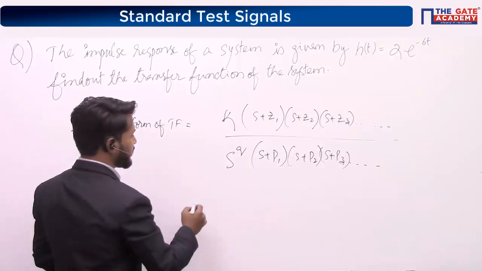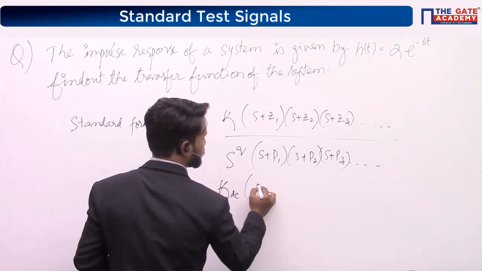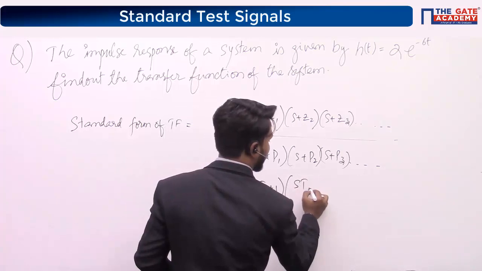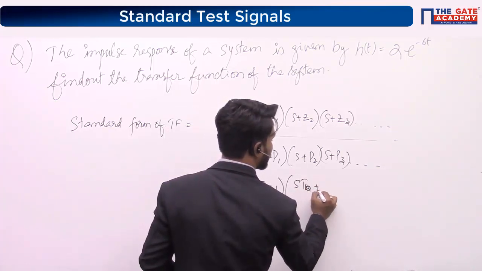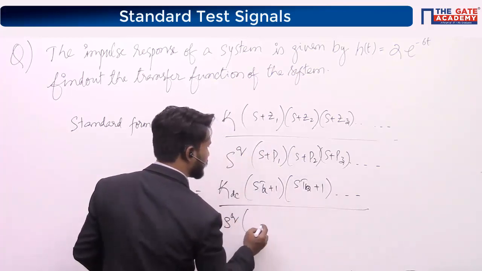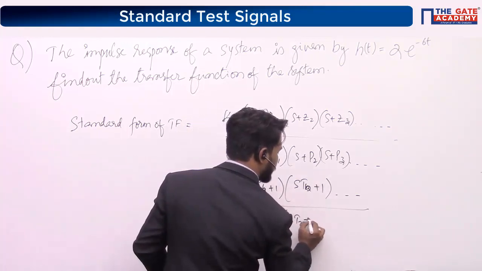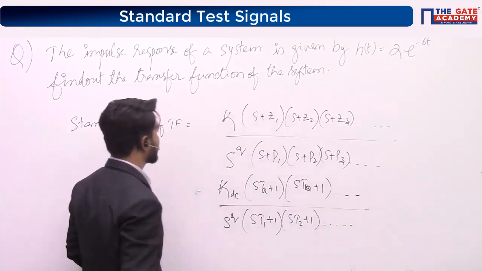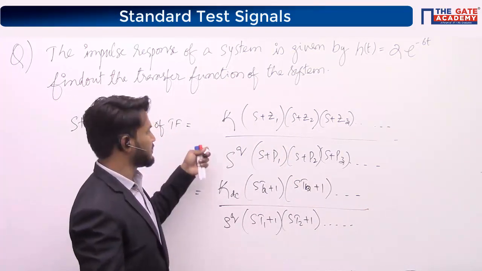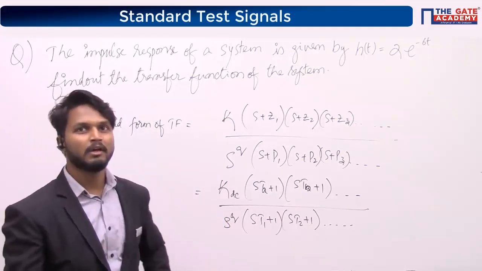This is pole zero form. If you want time constant form, it is K_DC into (s·ta + 1)(s·tb + 1) and so on, divided by s to the power q times (s·t1 + 1)(s·t2 + 1) and so on. So this is time constant form and this is pole zero form. These two are standard forms of representation of your transfer function.